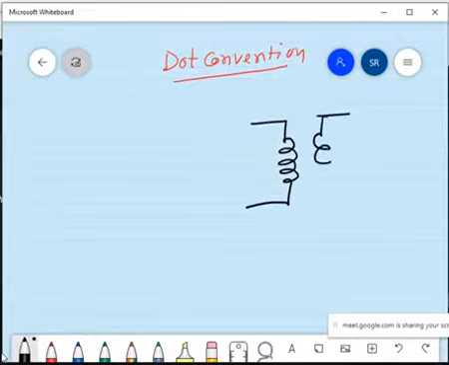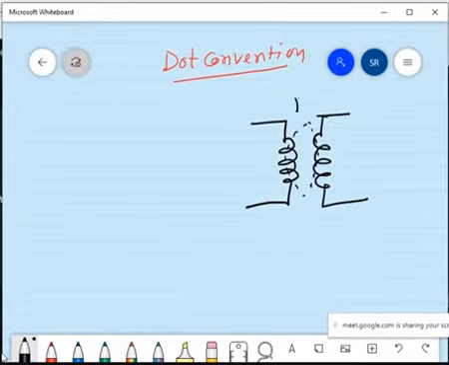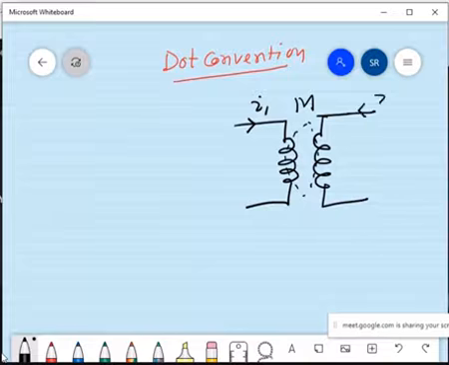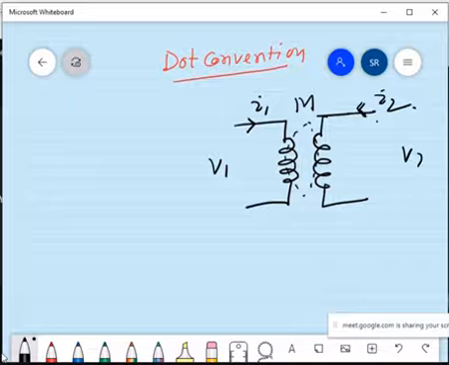This is another coil. And in between, you can see there is mutual inductance M. This current is I1 and this current is I2. This voltage is V1 and this voltage is V2. And we know the expressions for V1 and V2 already. We have done it.